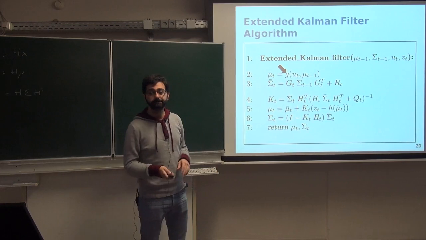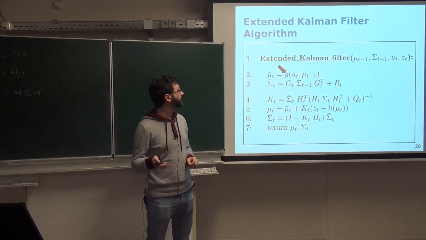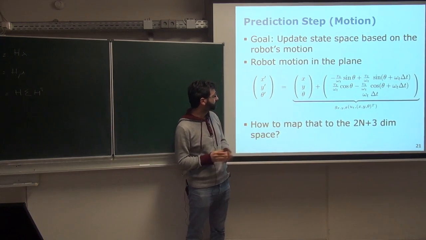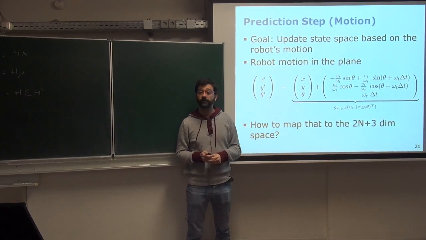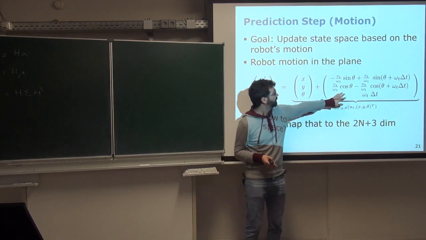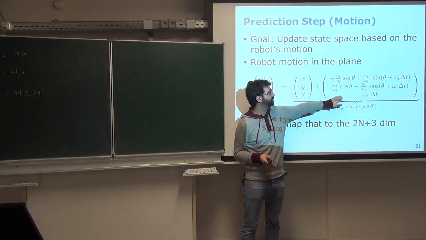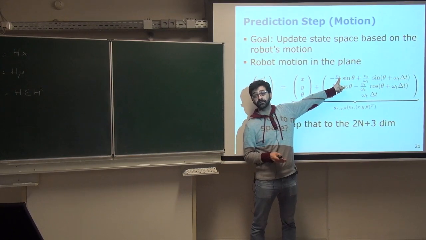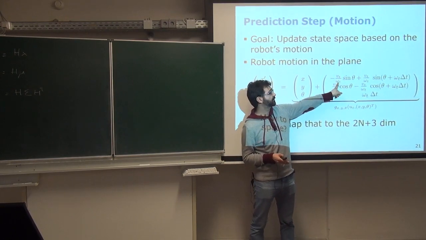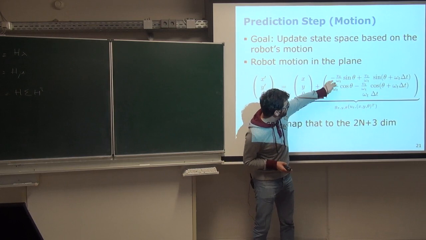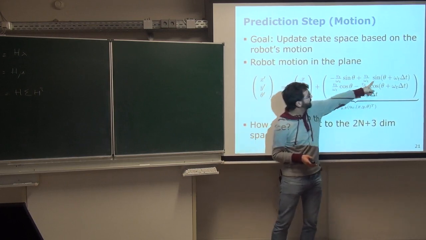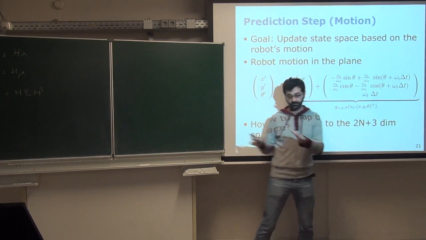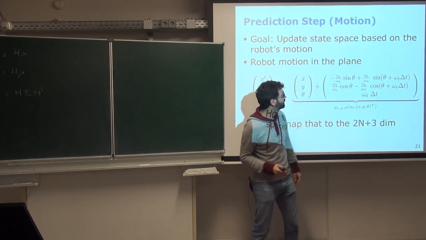So one thing is this. Imagine this is the motion, okay? So this is our velocity model. If you remember, there is the translational velocity, we have the rotational velocity here, and then we have the usual sine and cosine with respect to the angle, so we know where we are, we go in this direction, and then we do a rotation there.